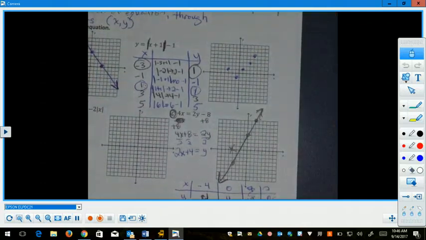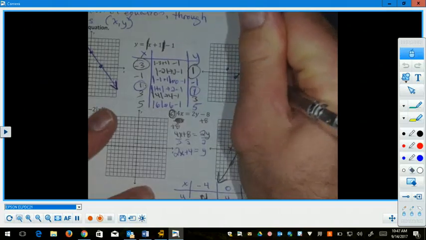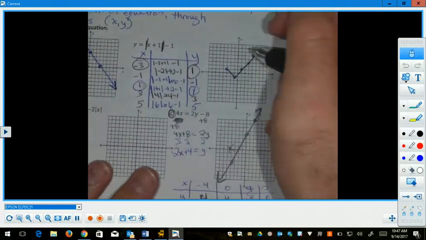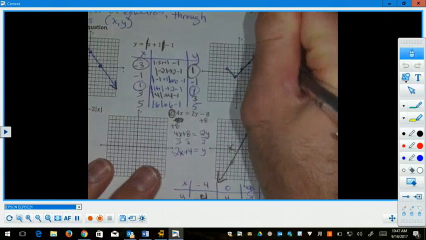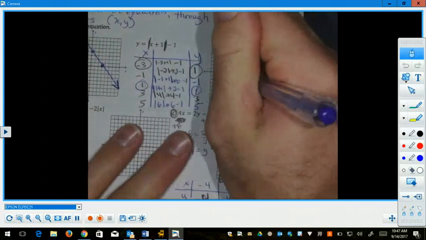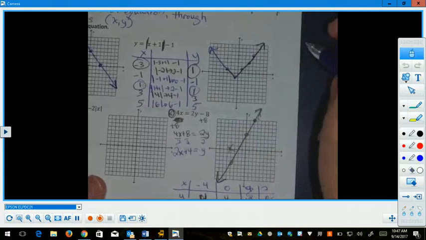Now, does this graph only have those points? No. By connecting them, I'm showing that all the points between are also part of this graph. They're also a relationship between x and y. And by extending them, I'm showing that this will continue. Okay? So what happens is we get a V shape.